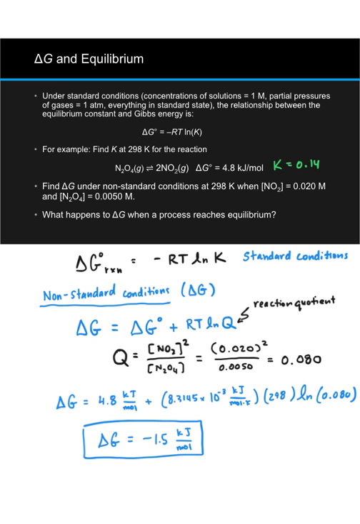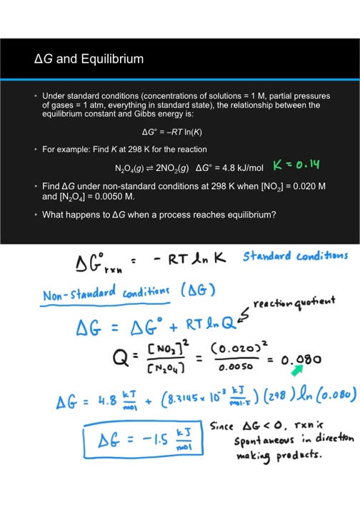Sure enough, under these non-standard conditions, our non-standard Gibbs energy is negative. Since delta G under these non-standard conditions is negative, our reaction is spontaneous in the forward direction, in the direction that makes products. This is an expected result based upon Le Chatelier's principle.